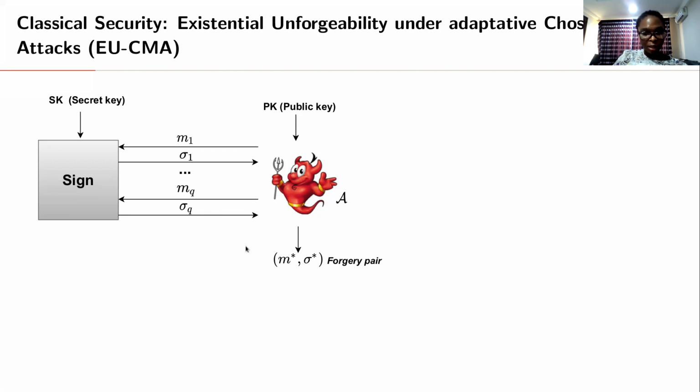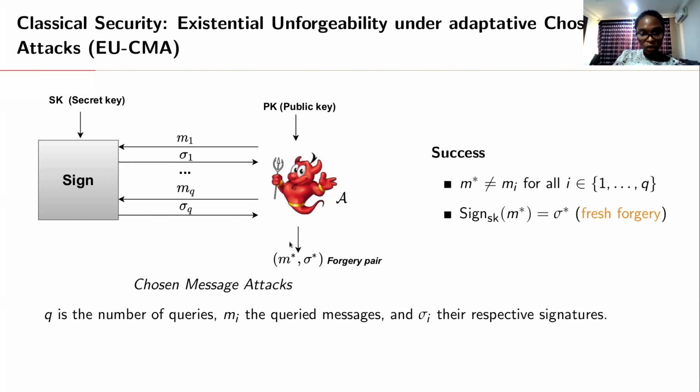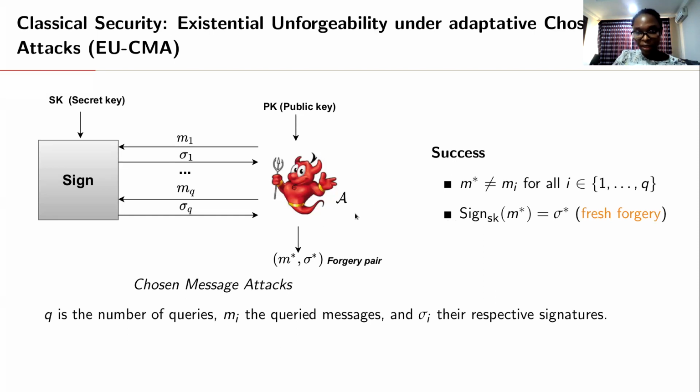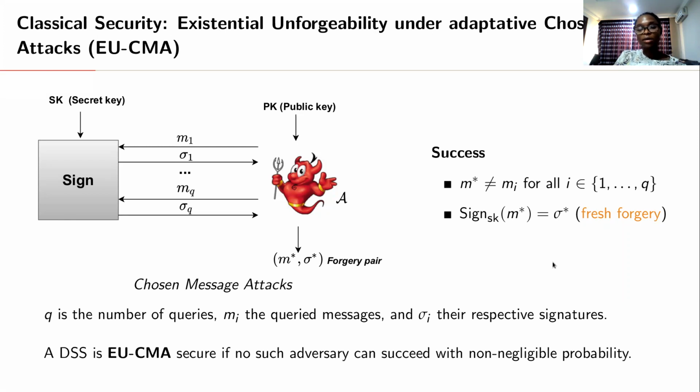Such an experiment is known as the chosen message attack. We say that an adversary succeeds if the message is different from all the queried ones, and the signature for that message is valid. A digital signature scheme is secure under existential unforgeability against chosen message attack if no adversary can succeed in this game with non-negligible probability.